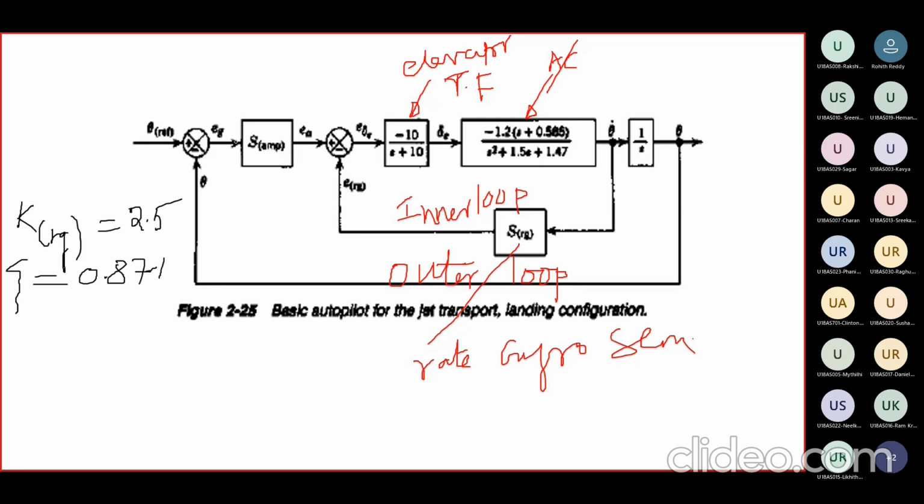Now we investigate the root locus for your outer loop system. And what is your outer loop system? Now we first close this inner loop. For the inner loop we select the rate gyro sensitive value, say 2.5. Now here is the servo amplifier gain.